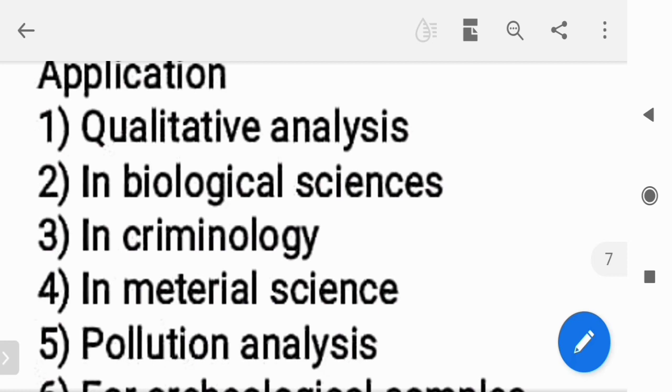This technique is extensively used in the biological as well as medical sciences for elemental analysis, because it is able to detect ultra trace elements like sodium, potassium, magnesium, iron, copper, zinc, selenium, etc. All of these elements can be determined quite easily, even in very small amounts.